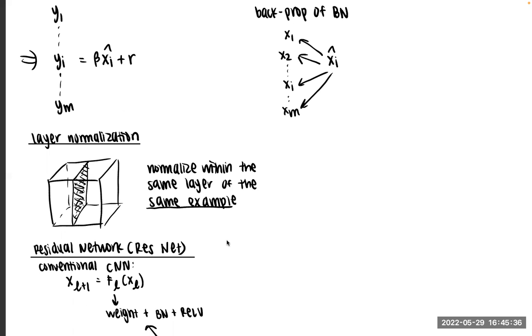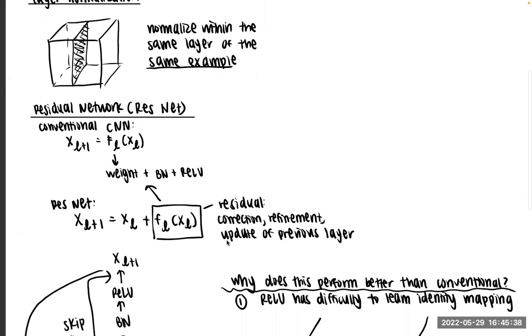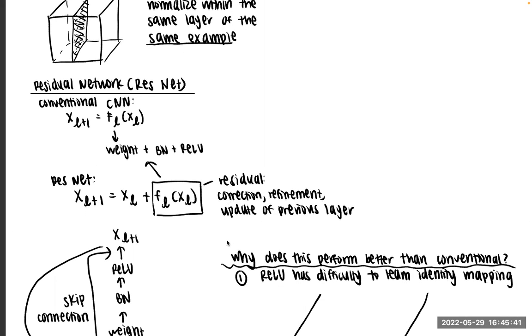Okay. And nowadays, when people work on computer vision problems, instead of using the original LeNet convolutional neural network, people use a modified version of LeNet, which is the residual network. So in the conventional CNN, such as LeNet, the next layer, let's call this XL plus 1. I just use X to denote a particular layer. We may also use H if you want.